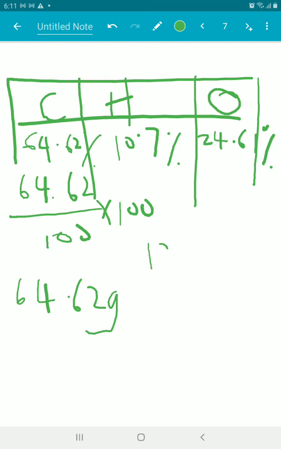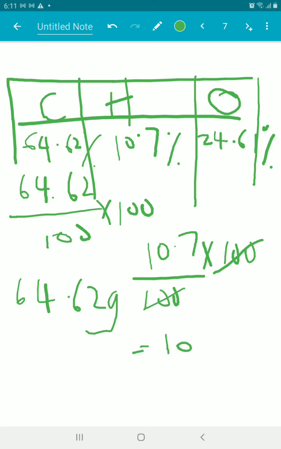And hydrogen, 10.7 over 100 times 100. Remember, when they give you a question about percentage, you kena cancel out the percentage. Then you have 10.7 gram as the mass of hydrogen.